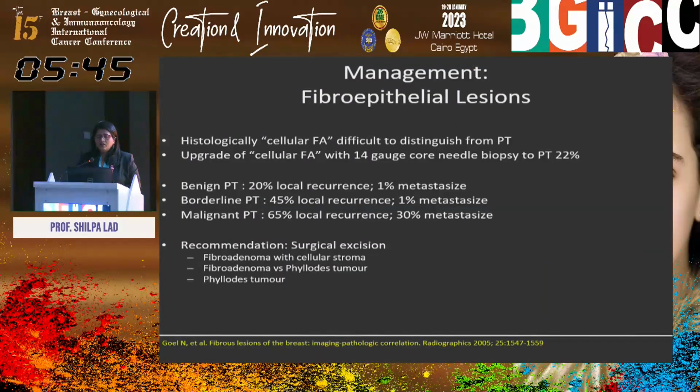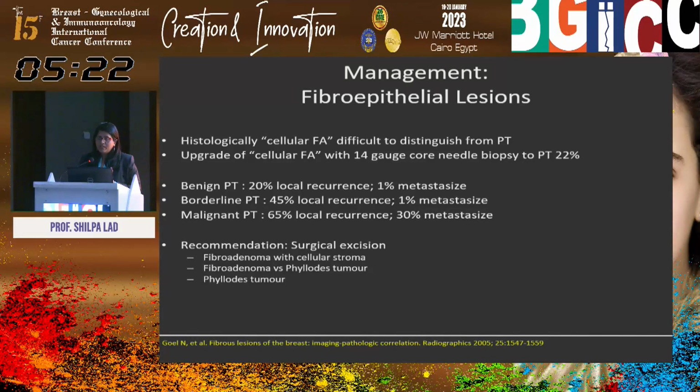So what is the recommendation? If you do a biopsy and it just shows benign fibroadenoma, you don't have to do anything, like recommending a surgical excision. If it looks like a classic fibroadenoma, then the recommendation is 6, 12, 24-month follow-up. But if the histopathology shows cellular fibroadenoma, surgical excision is recommended.